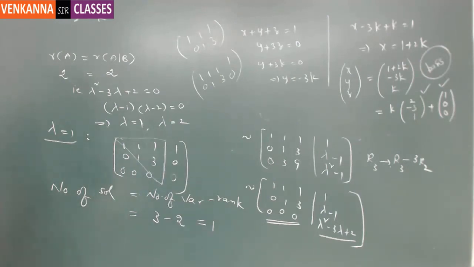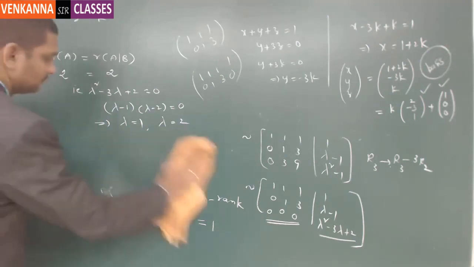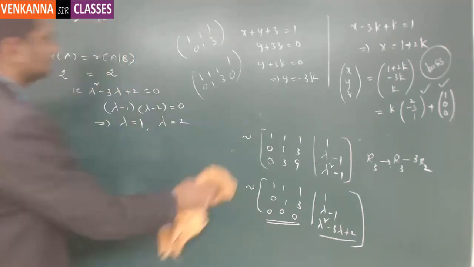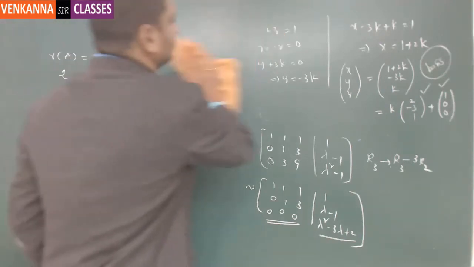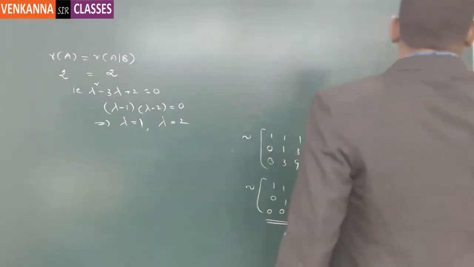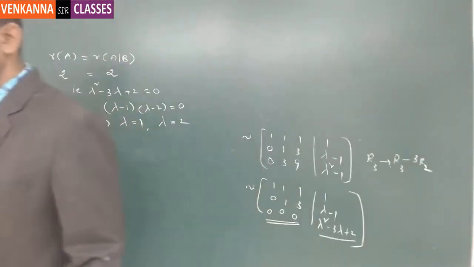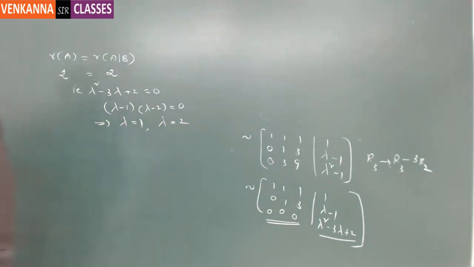Fine. So let us take the other case. What happens if lambda is equal to 2? Please understand, you have determined the values of lambda by assuming that the system will possess a solution.